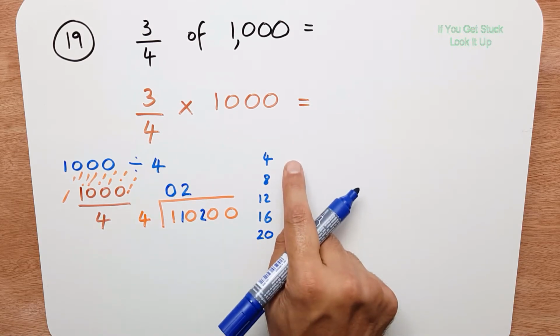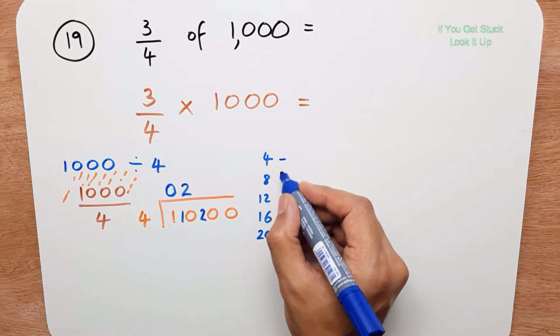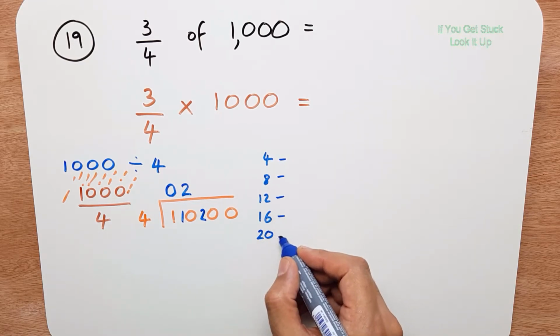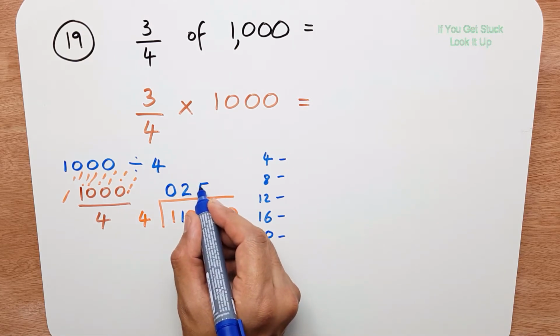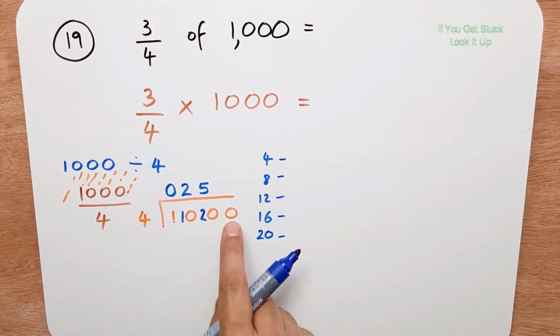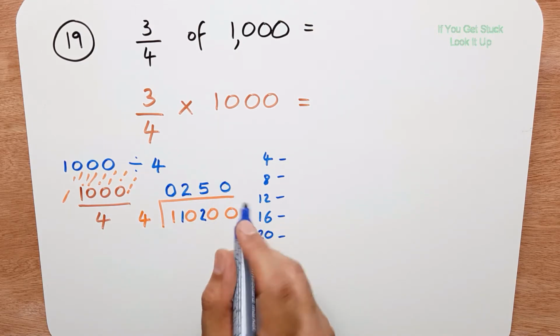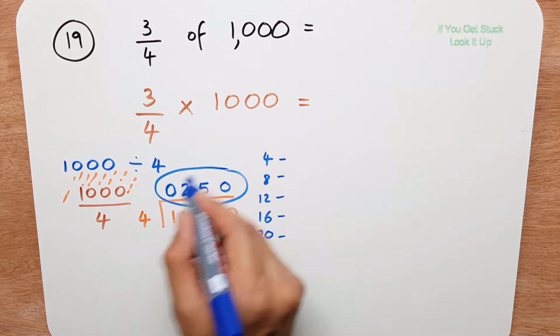It's important to know your times tables. It makes it much, much easier. So we've got 1, 2, 3, 4, 5. How many 4s are there in 20? 5. And how many 4s are there in 0? 0. Now we've finished, so this here is our number.